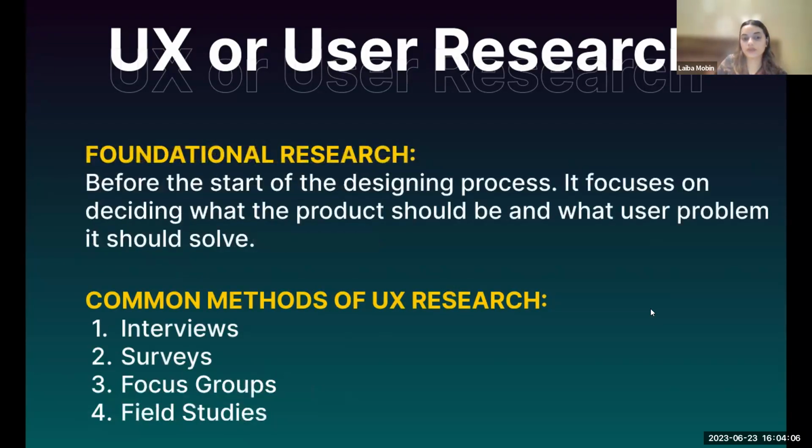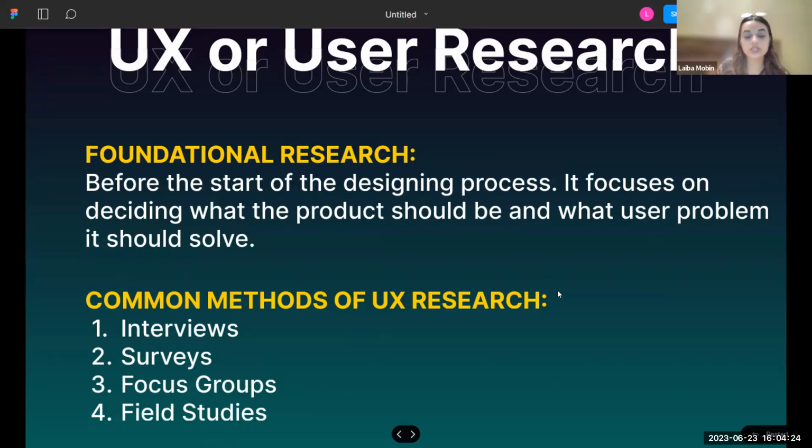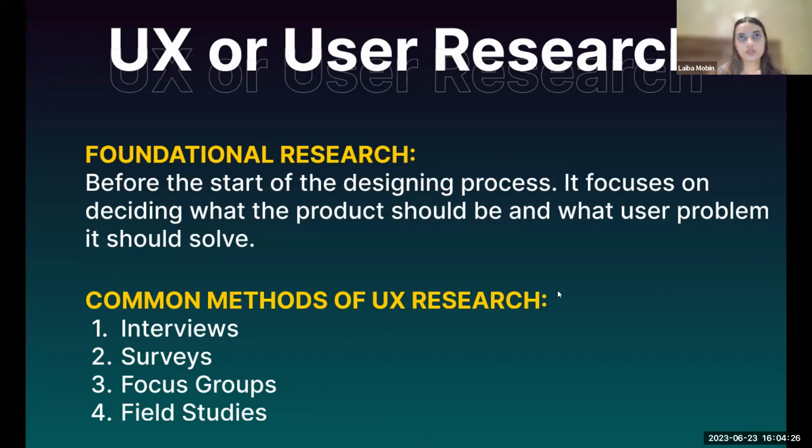So number one, the first stage of UX research is foundational research. What is foundational research? Foundational research is research that you conduct before the designing process, right? Before designing, you conduct foundational research to answer a few questions on what you should build. What do you want to build? What exactly do you want your product to be?